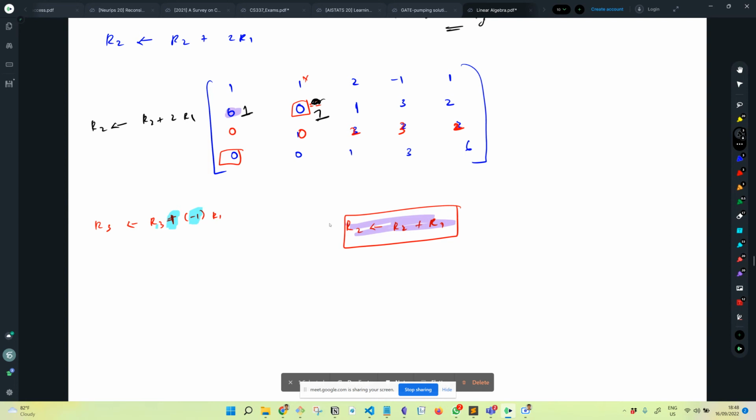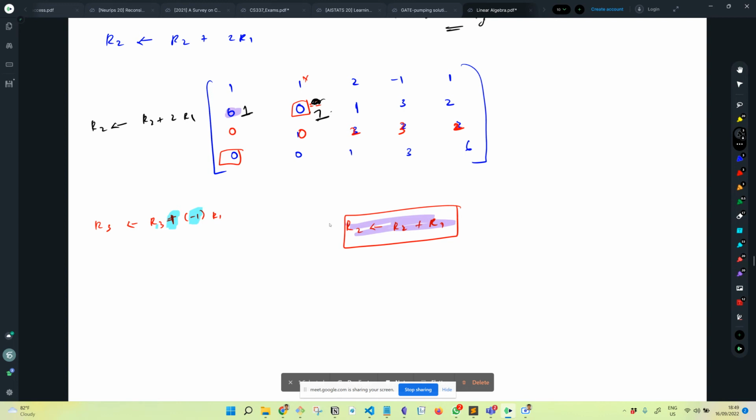It is a strict condition that the entries below the leading diagonal should be 0, and entries on the leading diagonal should be 1. But if you're not able to get a 1, it is okay to leave it as 0. This is an okay condition, but that is a strict condition, right? In pursuit of making this entry 1, you're disturbing a 0 that we produced already.